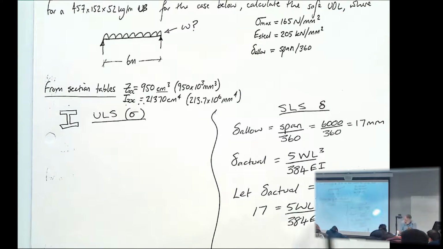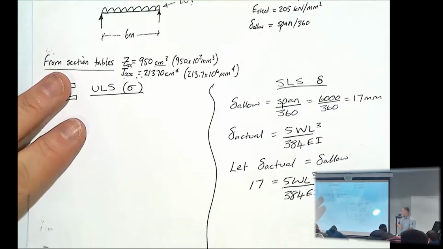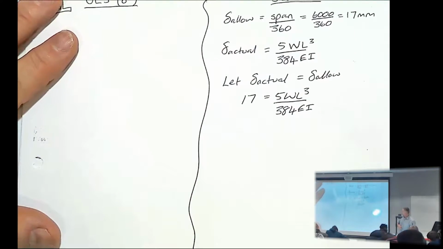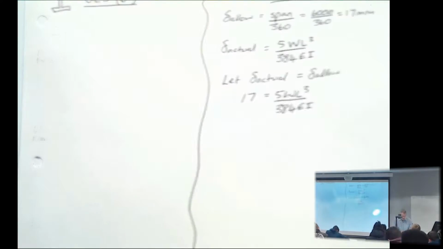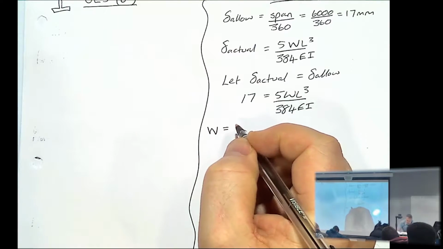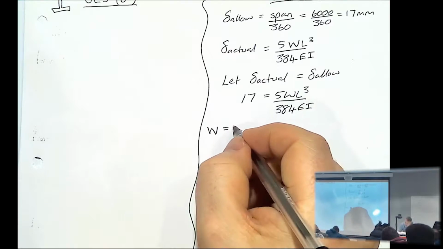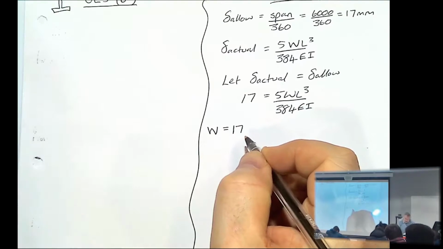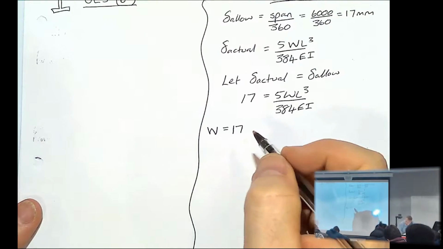If we rearrange that and put in all of our values, we end up with our W. So what have we got? We've got our 17 millimetres.